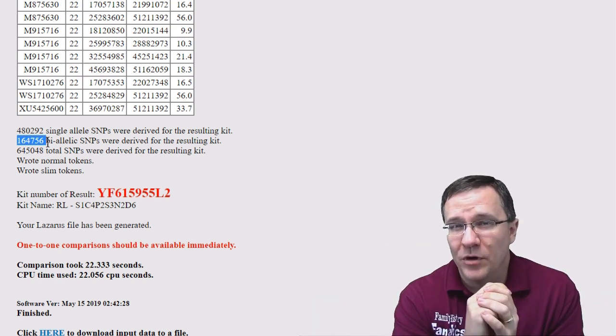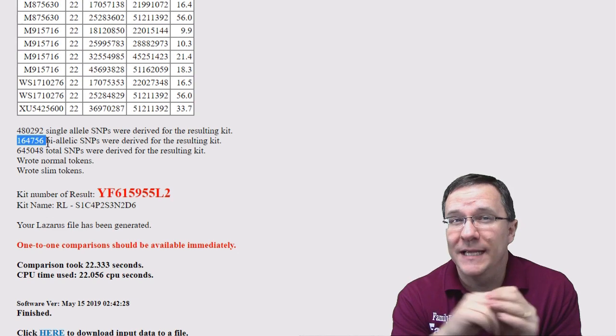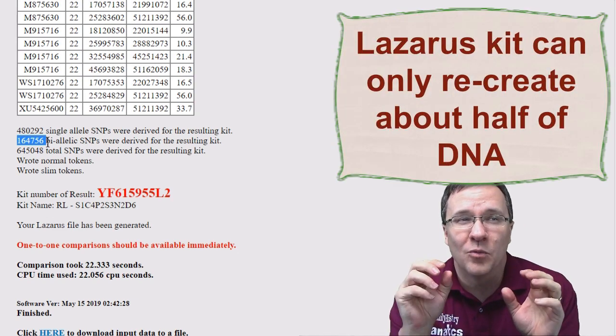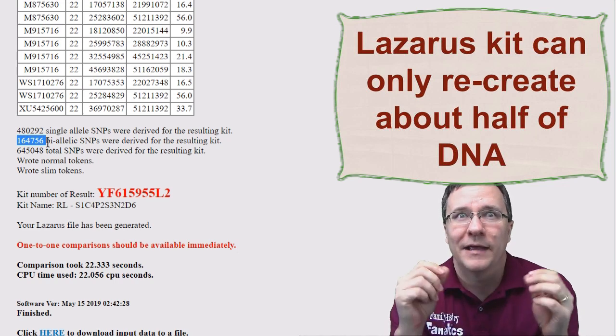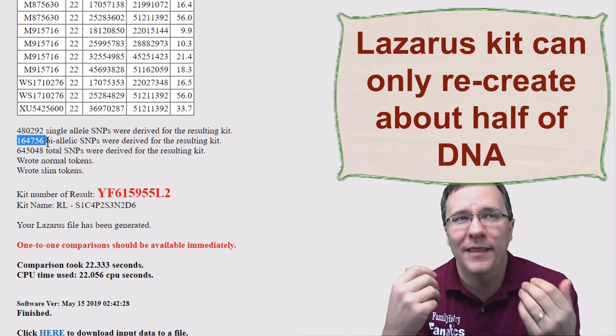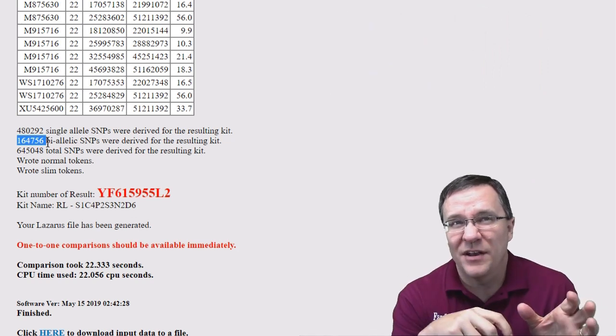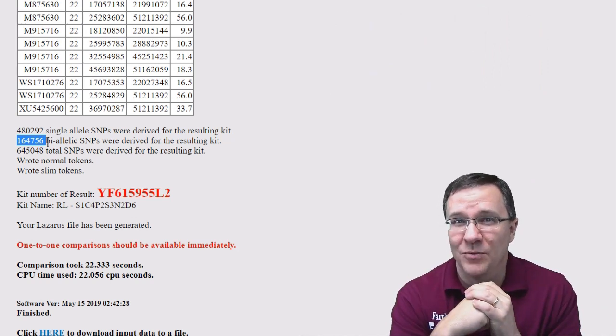So one of the most important things to remember is that your Lazarus Kit can only recreate about half of what the DNA of that person looks like. That is a product of how the Lazarus Kit works.